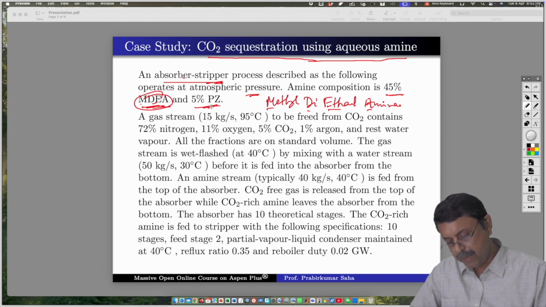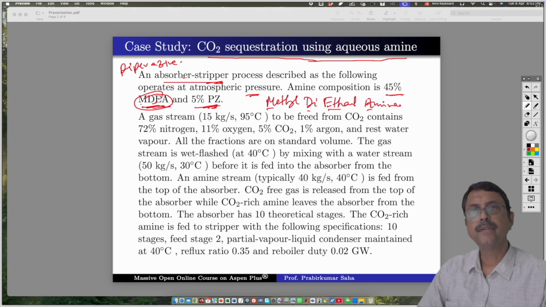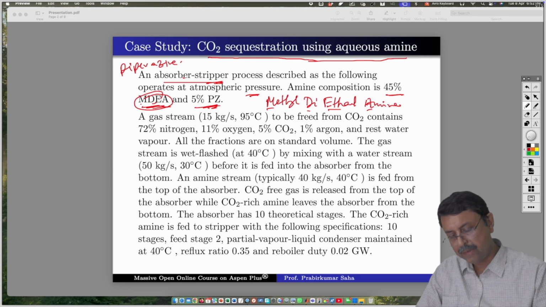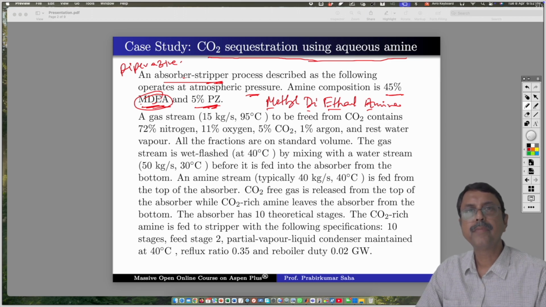And PZ is piperazine. So this is a blend of two amines, MDEA and piperazine. So this is the amine solution. So we have 45% of MDEA and 5% PZ. Rest, obviously, it will be water because it is an aqueous amine solution.